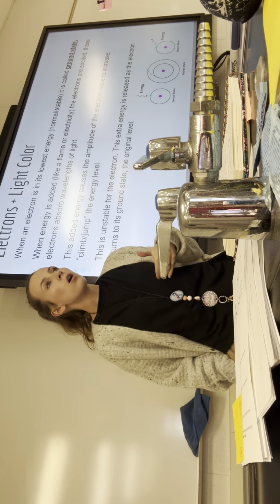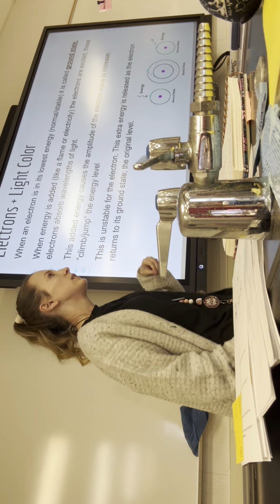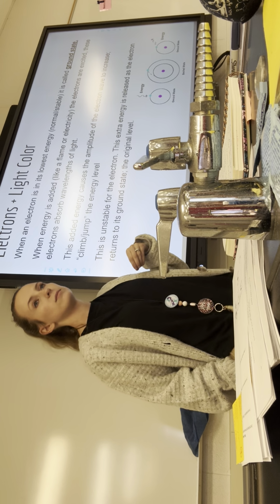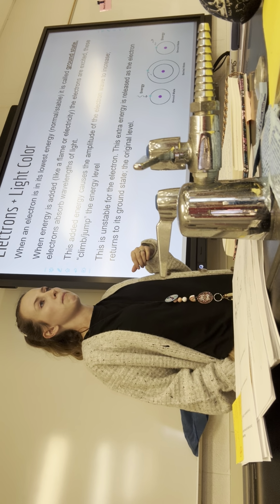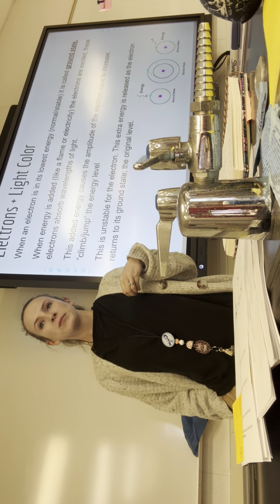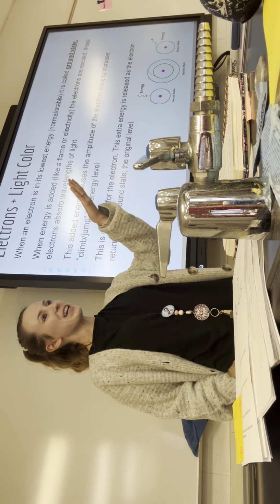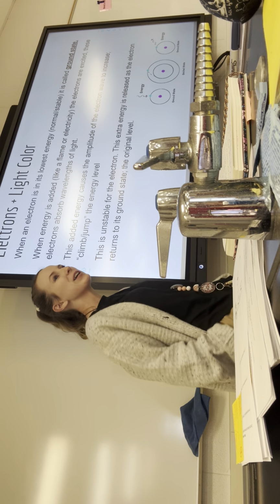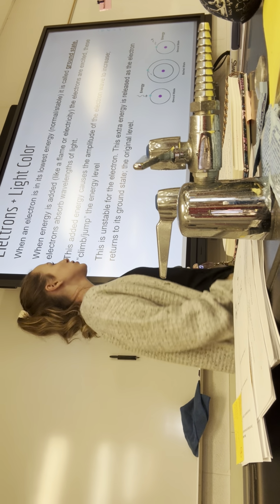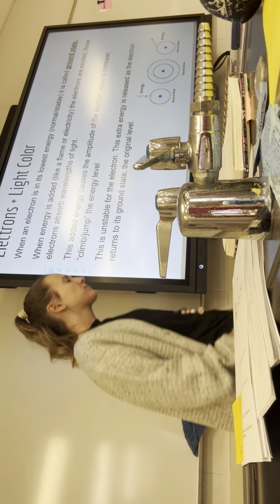Does anybody recall the analogy that we used to help you remember the electrons jumping between energy levels? Those who were here Friday. Nobody? It related to Halloween, possibly? Oh, Ashley, yes. It's like the sugar high. Yes, the sugar high. Similar to when you have a sugar high, you eat a lot of candy or a lot of sweets, you get an increased amount of energy, right?